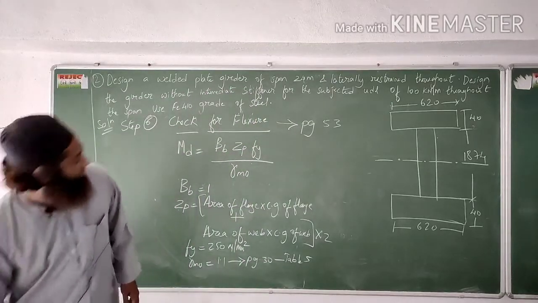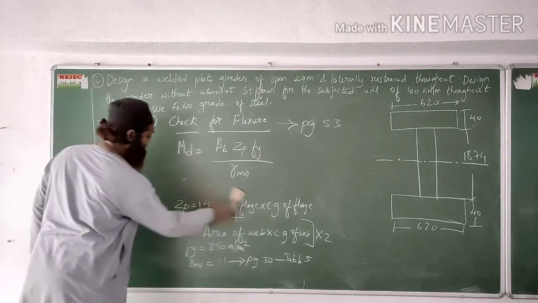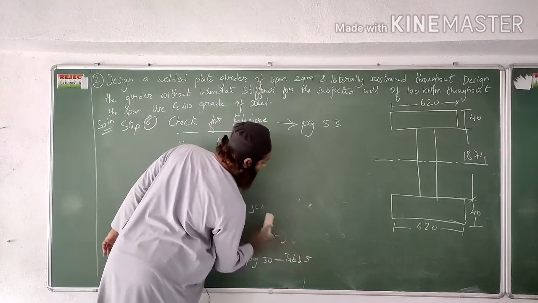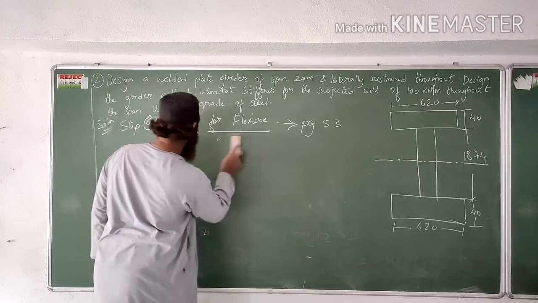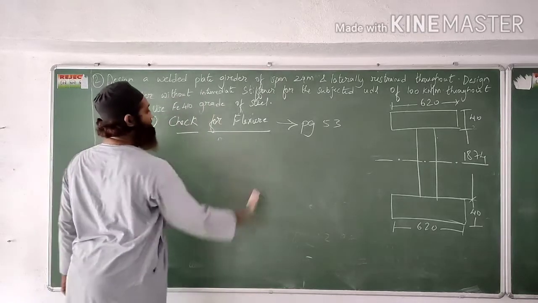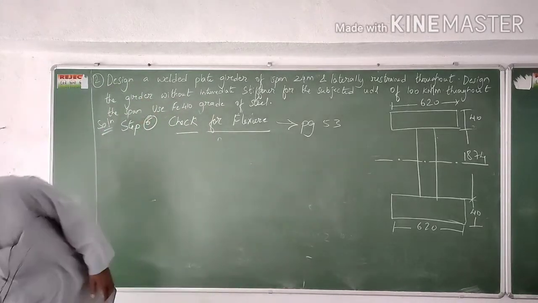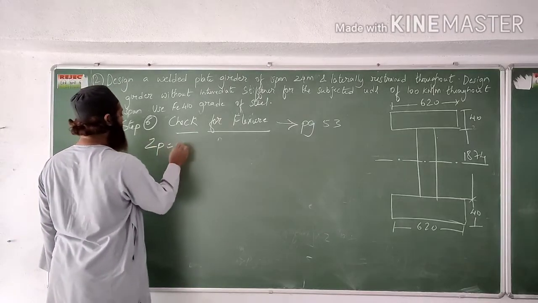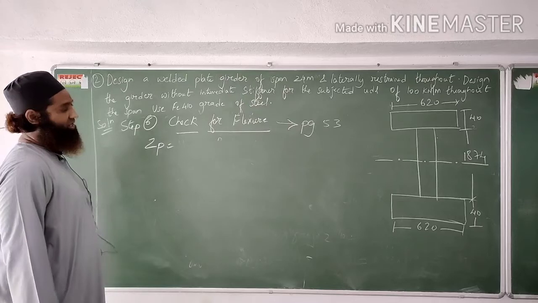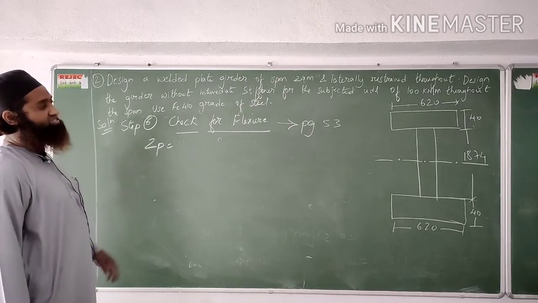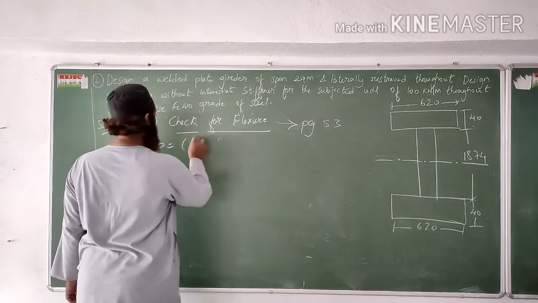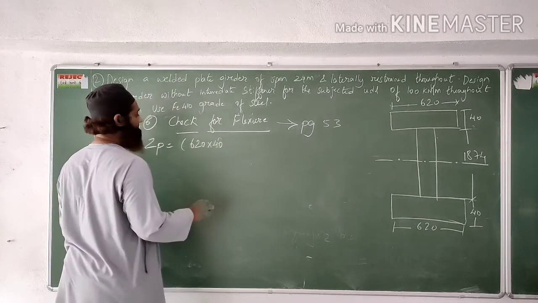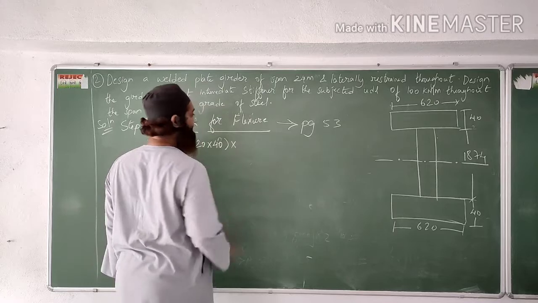First we will have to calculate ZP, that is the plastic modulus. Please be careful in calculating this. It is very important. Try to understand it. If you have understood this, you can easily calculate this step. Now ZP, as I told you, is area of flange into CG of flange. The flange is 620 into 40, into CG of flange.